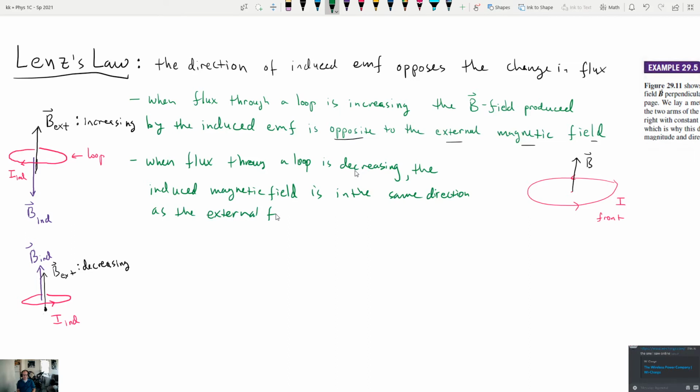And then you just go from there. If you can figure out what direction the induced field is, you should be able to use the right-hand rule to figure out the direction of the current, right?